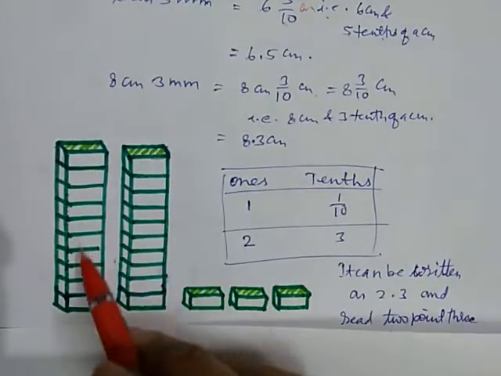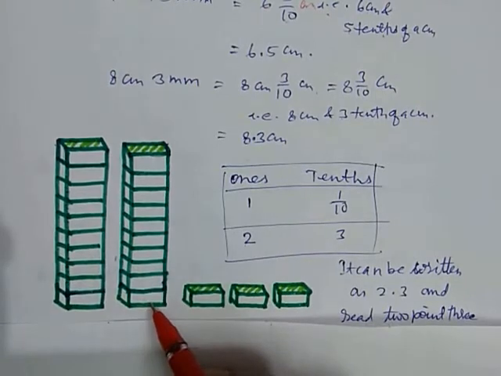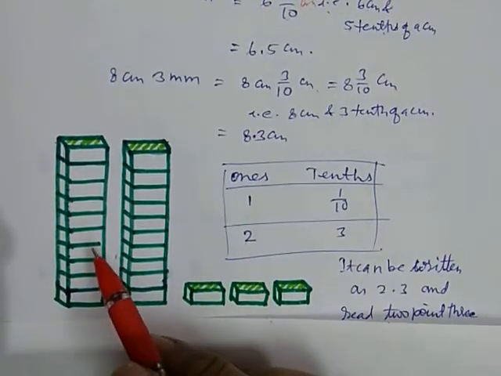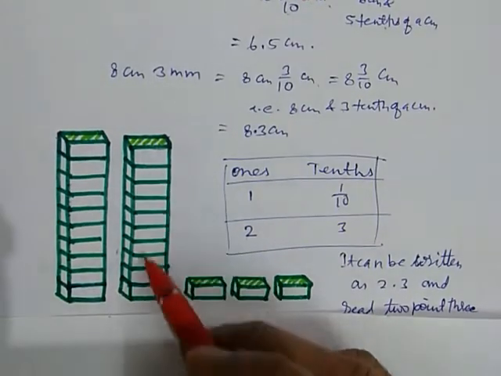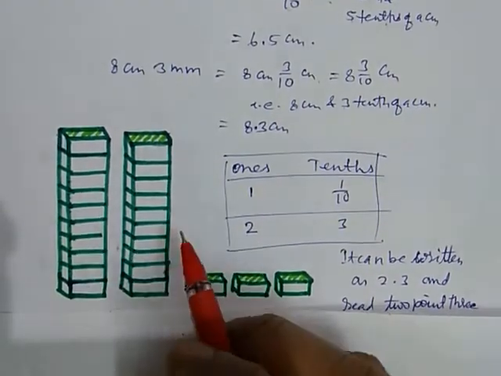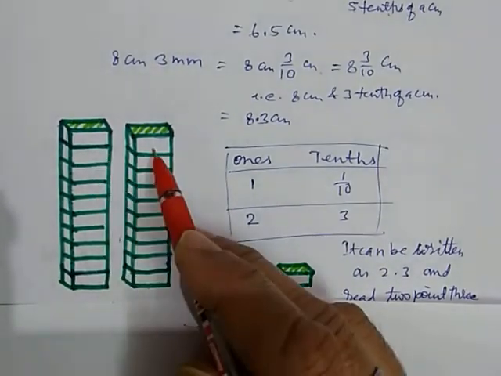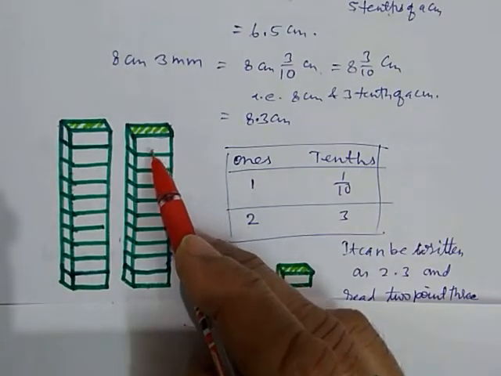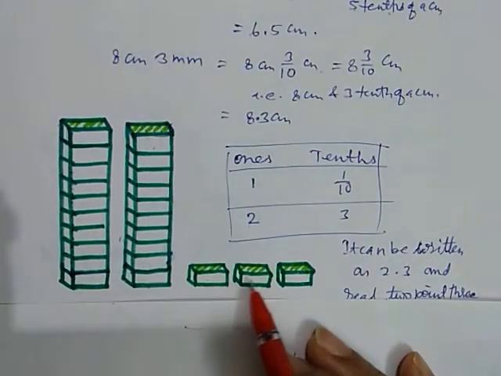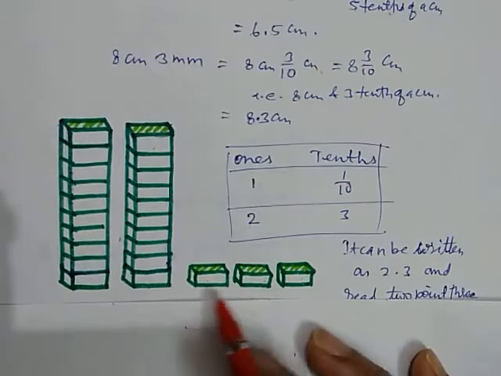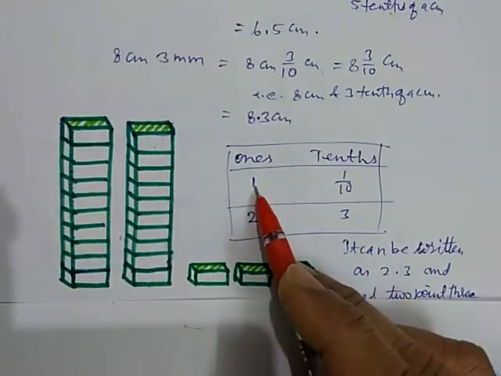Here these are two cuboids having 10 parts each. Okay. So one of the parts of this can represent the tenths, and we have three smaller parts also. First we learn ones.